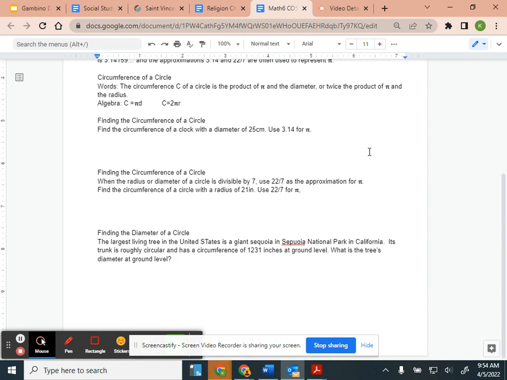All right, so we're going to use, remember, pi equals 3.14 or 22/7. And remember, we have our formula for our circumference.